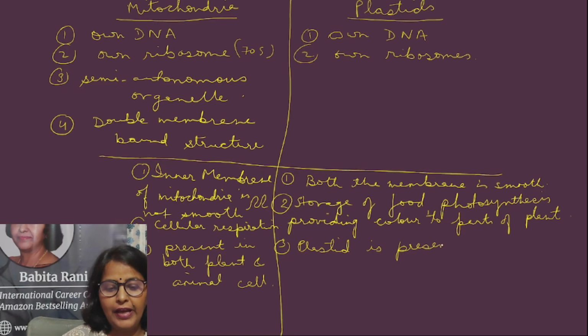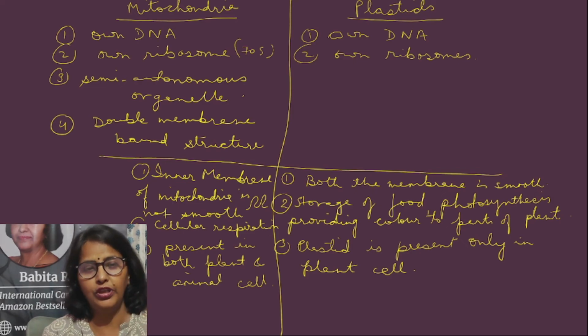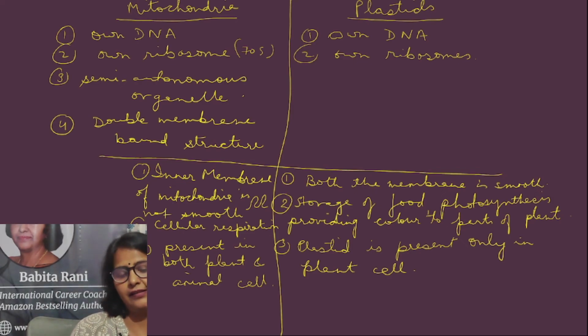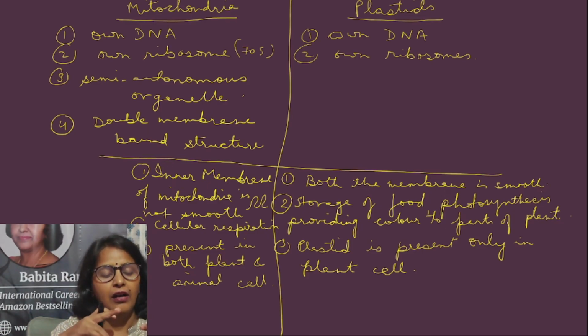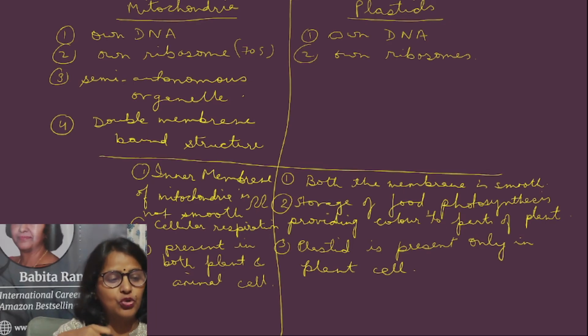So if we compare mitochondria and plastid, these are some of the similarities, and the below ones are the differences. Whenever it is written in a question that you have to compare two organelles or two things, there you can write both the similarities and the differences. The similarity is that mitochondria and plastids both have their own DNA and ribosome, hence they are known as semi-autonomous organelle.